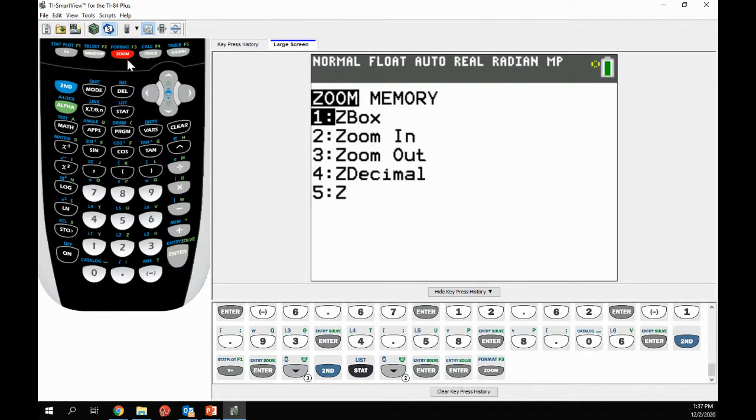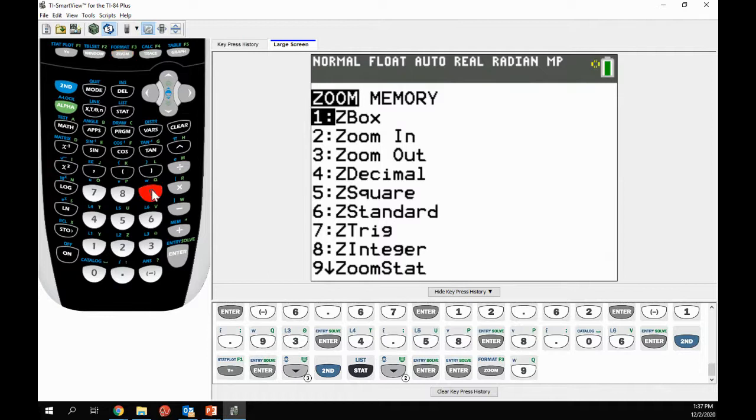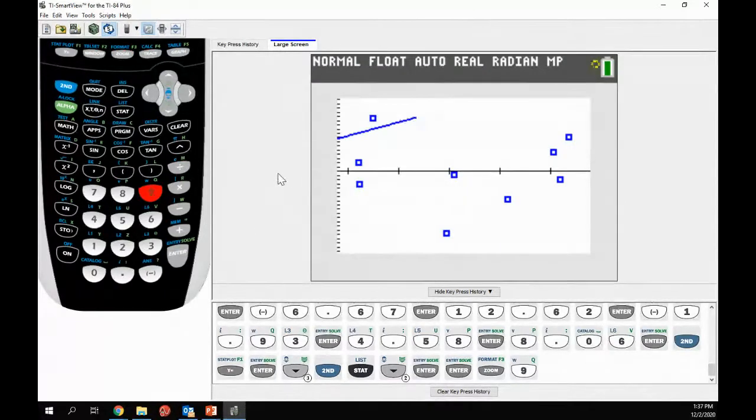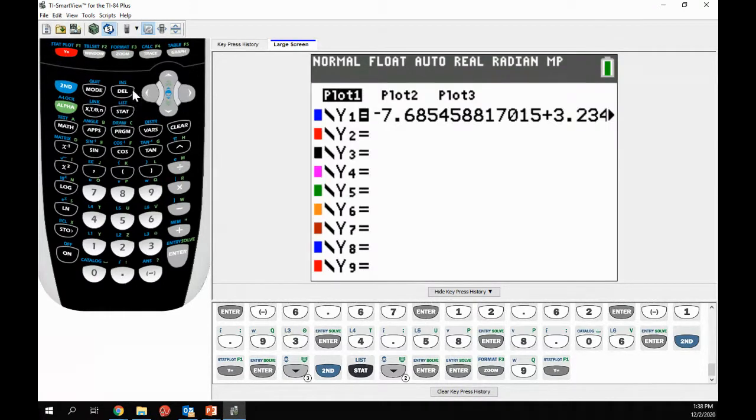Then go to zoom, zoom stat, and boom. There's that line I don't want. Let me delete it. Oh, you know what, just leave it there, ignore it.